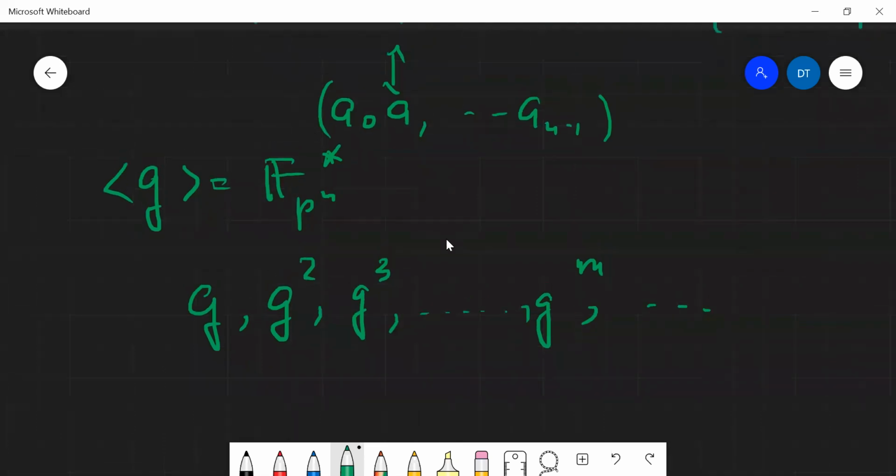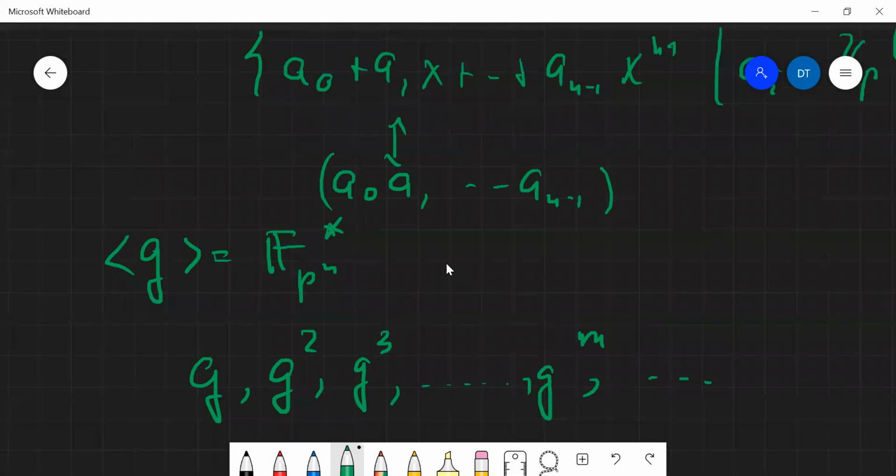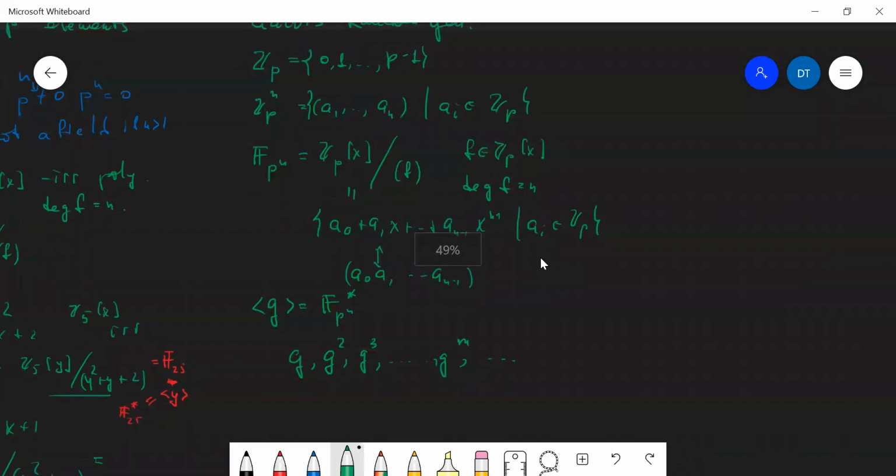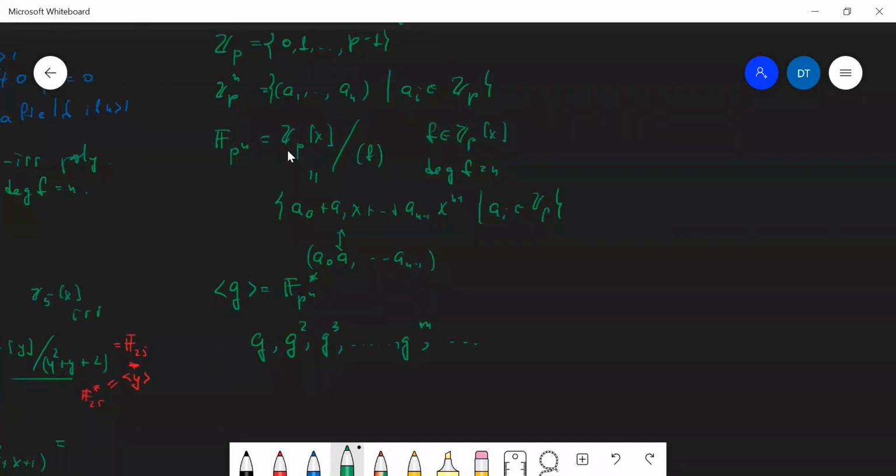There was a question. Could you repeat? Can you repeat the explanation? Okay. So let me show you the whole picture. You take Z_p, you find an irreducible polynomial of degree n over Z_p, and you construct this finite field as this quotient ring, Z_p[x] modulo f.